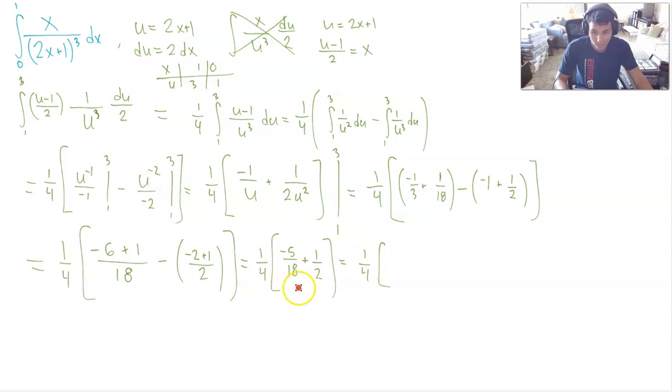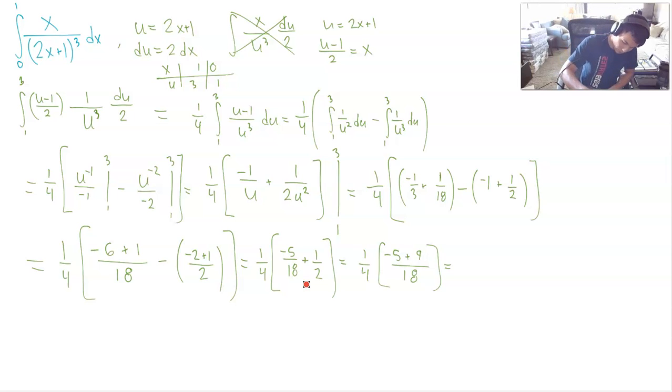Let's find a common denominator again. Let it be 18, so negative 5 over 18, and then plus 9 over 18. Negative 5 plus 9, that's 4, right? So we get 1/4 times 4 over 18. The 4s can go away. We get 1/18. There we go. Very nice answer at the end of it.